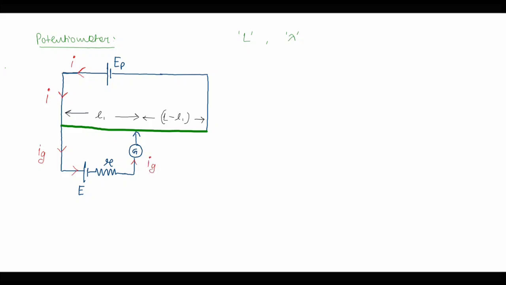In between, the current is I minus Ig, and then I minus Ig and Ig combine together to become I, which returns to the primary cell EP. So at null point, the current in the galvanometer is 0, so Ig is equal to 0.